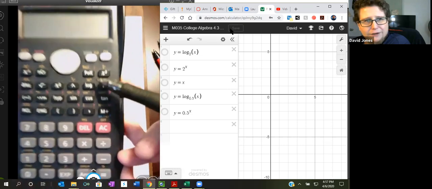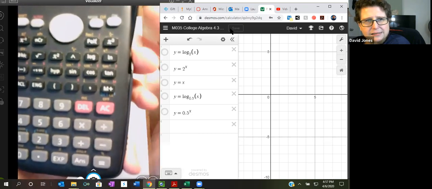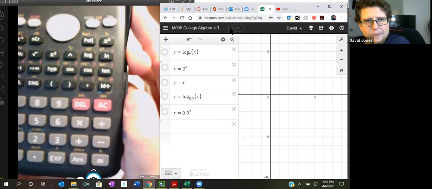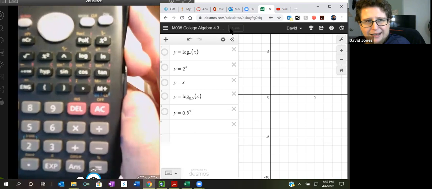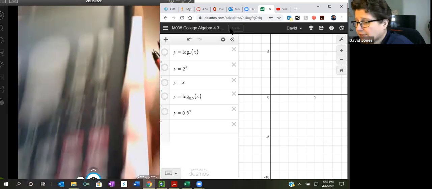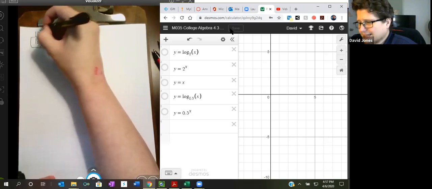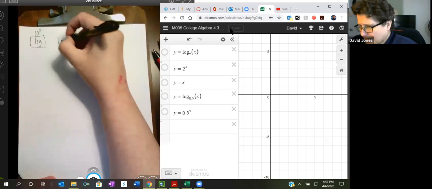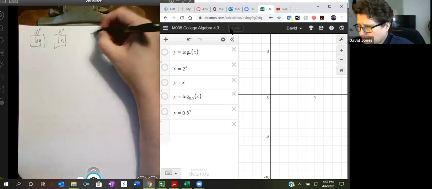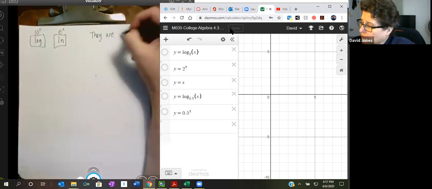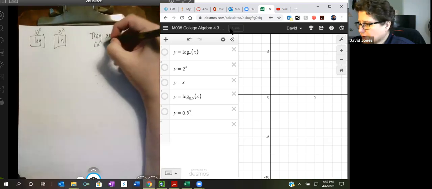Notice above them, above the log, I have 10 to the x, and above ln, I have e to the x. So my calculator has buttons log, and above it says 10 to the x, and I have ln, and above it, it says e to the x. The reason why is they are inverses. And so the calculator keeps them close.